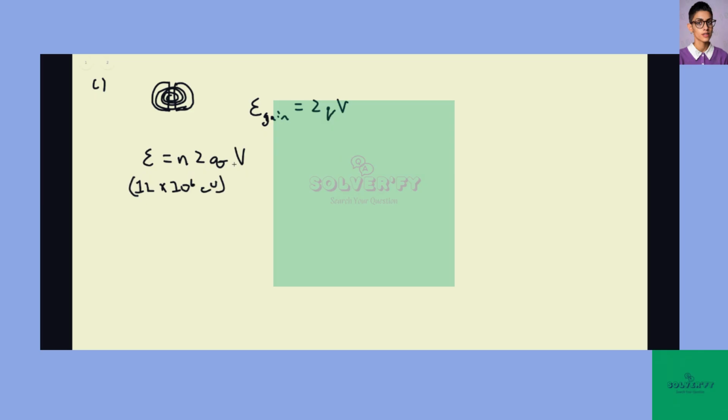I'm going to put this in joules so the units match for coulombs here, times 1.6 times 10 to the minus 19 joules per electron volt, is equal to N times 2 times the charge, which is 1.60 times 10 to the minus 19 coulombs, times the voltage, which is 22 times 10 to the 3rd volts.